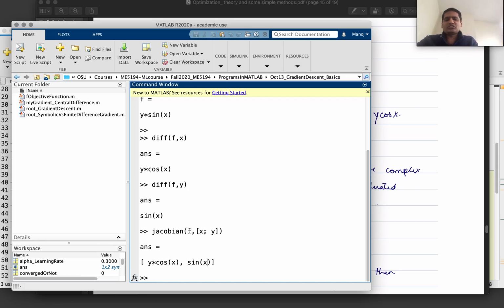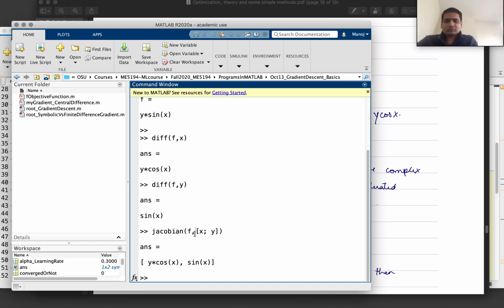It's a bit more general than gradient because it also applies even if f is a vector as opposed to a scalar. Right? In this case, f is a scalar output, but if there are multiple elements in f, then it will just give the gradient of each element of f as a separate column.